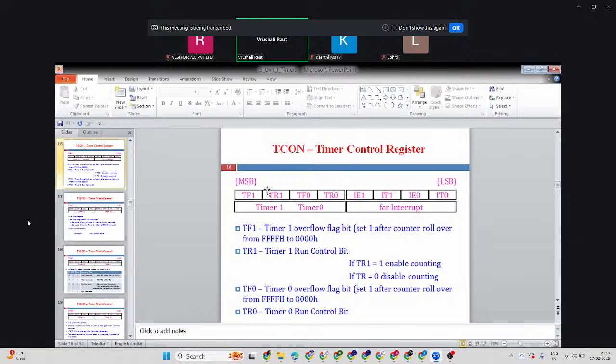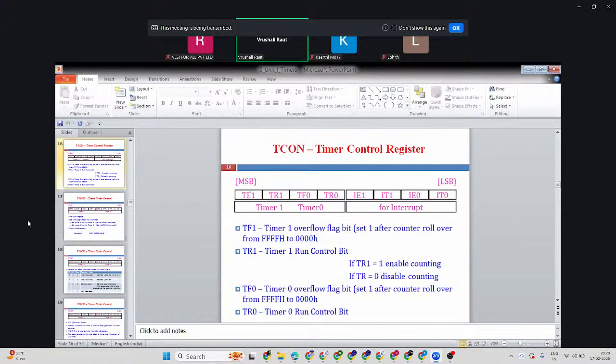Then TR1. What is that? Timer 1 run control bit. When I want my timer to start, at that time this TR1 has to be 1. So I will be setting TR1, and I'll be checking the flag bit. In my program, I will be playing with this. I'll be setting TR1, and the flag bit I'm going to check in my program.